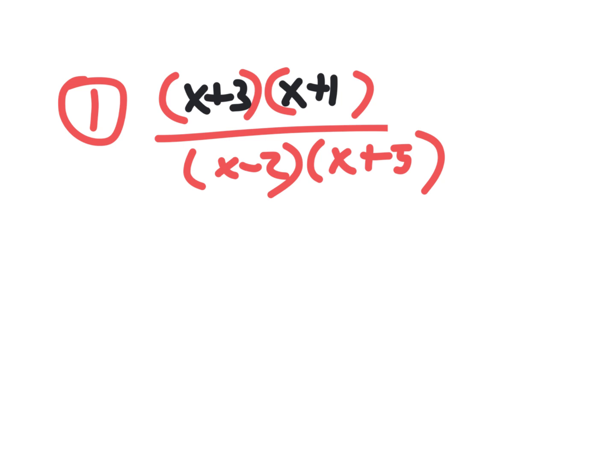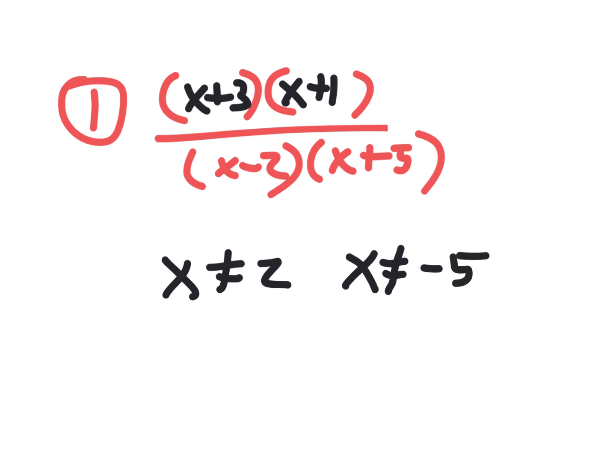Besides holes, what else they want to know? Which makes this function die? X cannot equal. What are the things it can't equal? Otherwise it's going to die. 2, and what else can't it equal? That's all you have to do is find the things that would make it die.